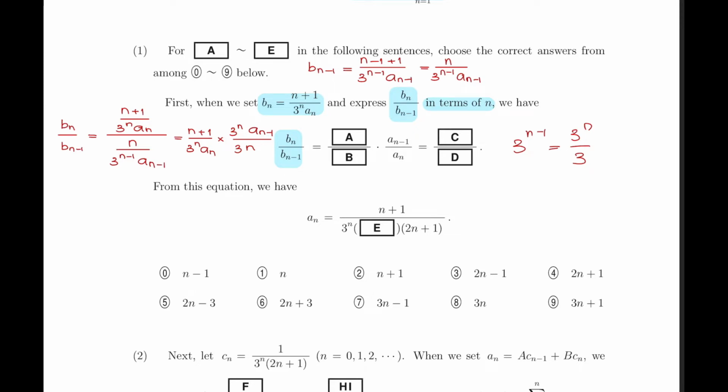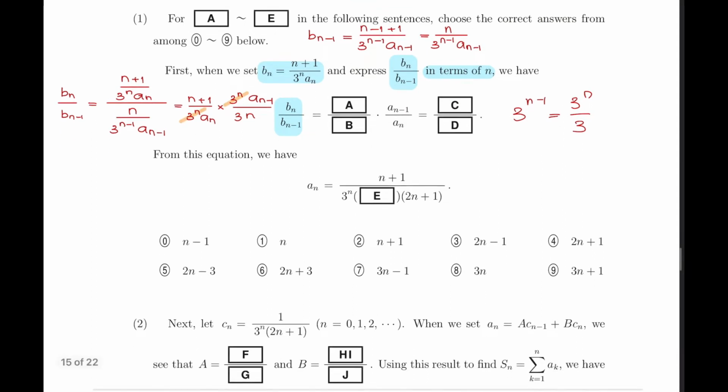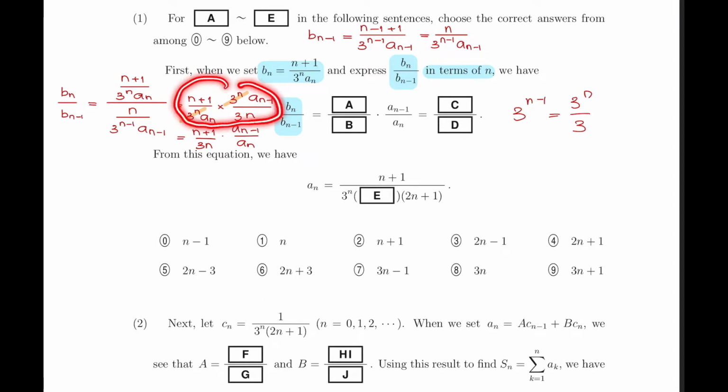From this expression, we can cancel out the 3 to the power of n, and I get (n plus 1) over 3n, I mean, times a(n minus 1) over an. I just rearranged this expression.